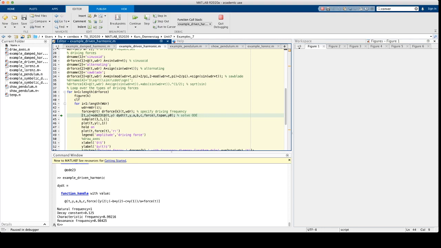The arguments are the same as before: the handle that specifies the first-order equations, the time span, and the initial values. There are no options in this case. So we solve, and now we plot the solution.